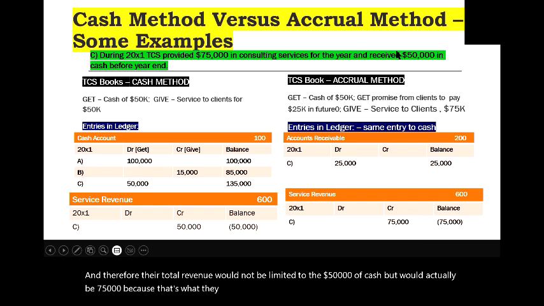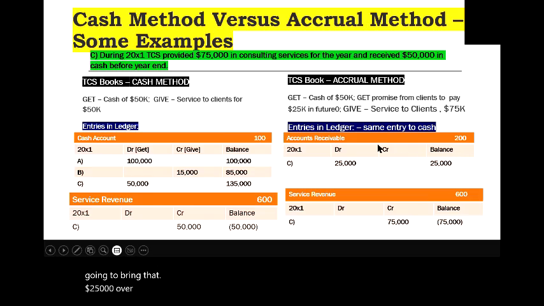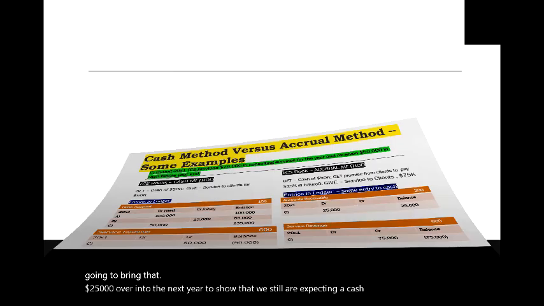They provided the service, so the firm has earned 75, but they still have $25,000 to be collected. So it's a receivable. And so we are going to bring that $25,000 over into the next year to show that we still are expecting a cash inflow of $25,000.